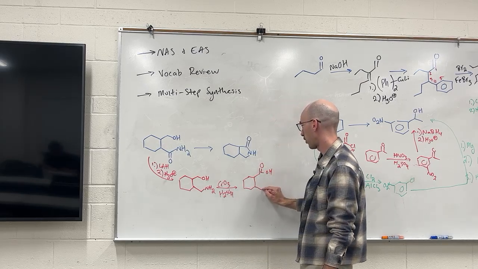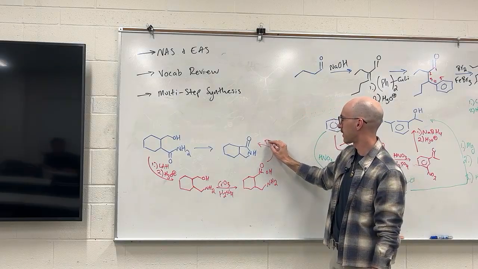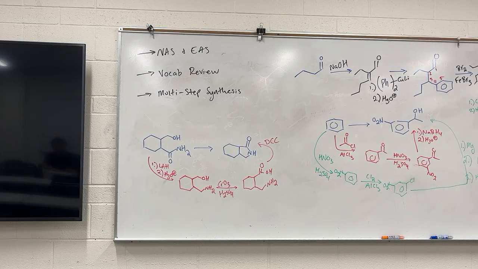And now that I have a carboxylic acid and an amine, I can synthesize an amide. DCC is the dehydrating reagent. You could also have made the carboxylic acid into an acid halide and then reacted it with the amine. That, I think, is probably the only route.